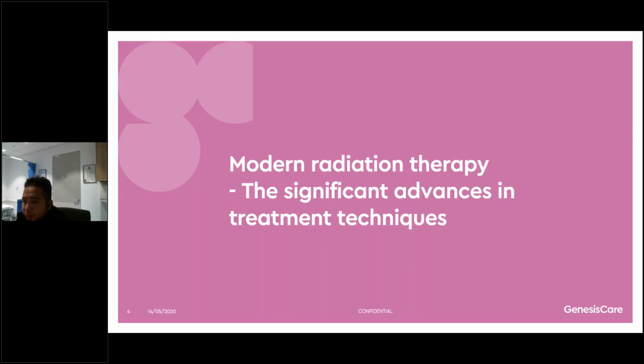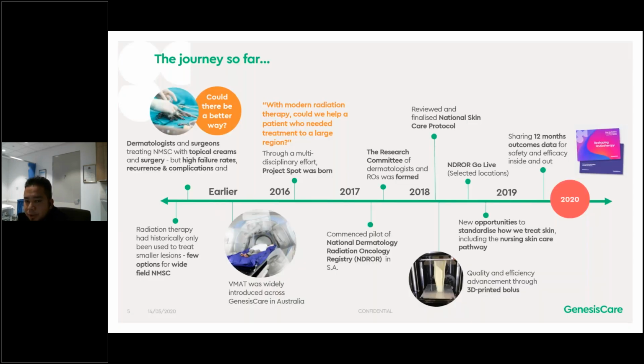So modern radiation therapy, what has changed over the last 100 years actually, since radiation was first discovered. But first of all, this is a bit of an overview of what we've done in GenesisCare, where prior to 2016 we were just using the older technique to treat skin cancer, and now things have changed a lot with the birth of the National Dermatology Radiation Oncology Registry.